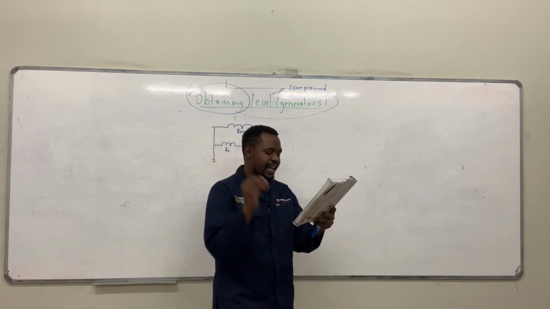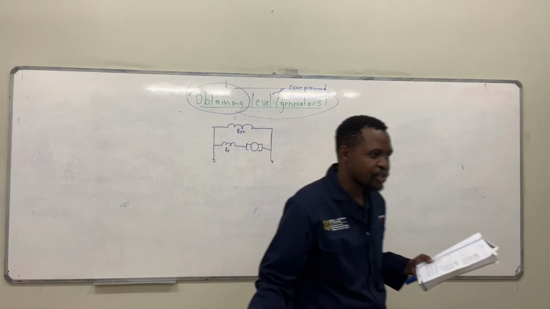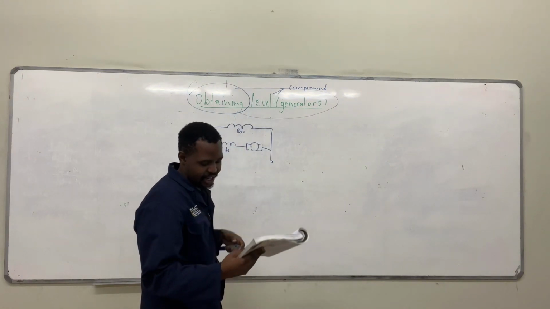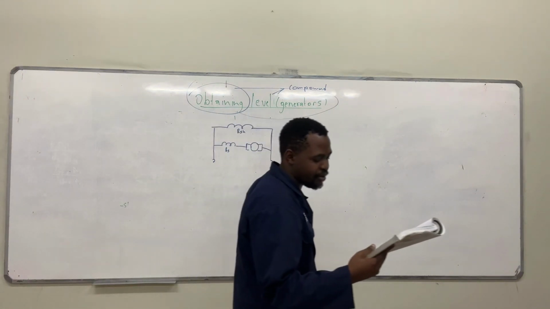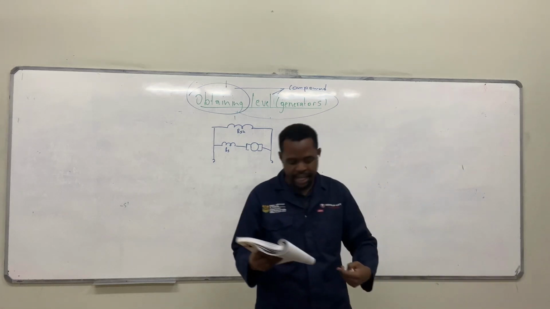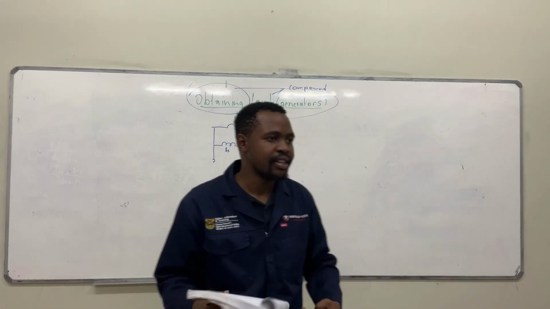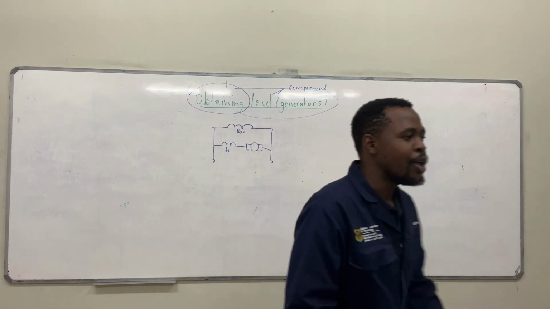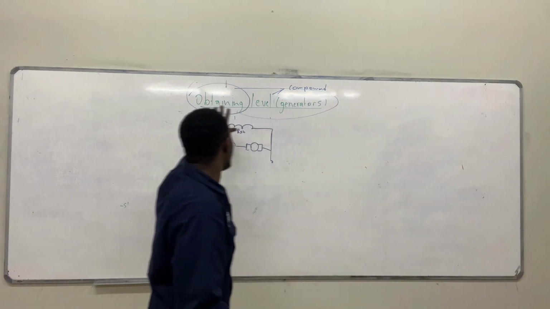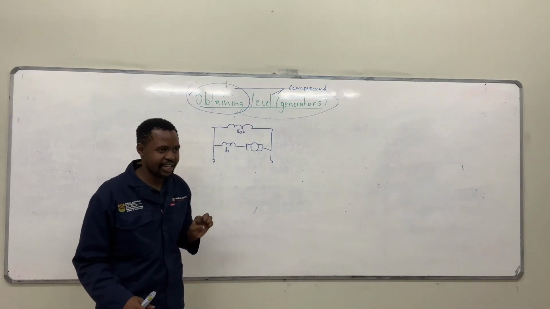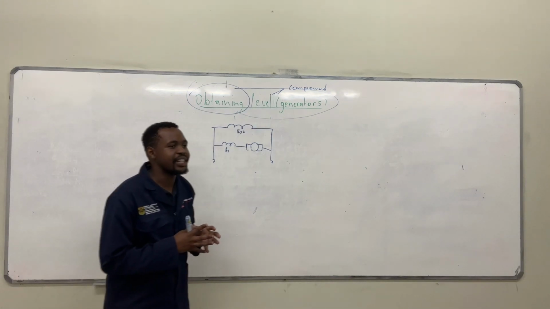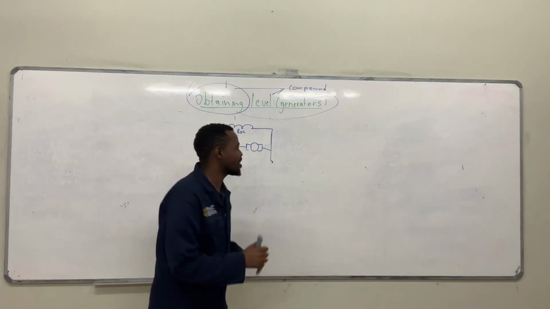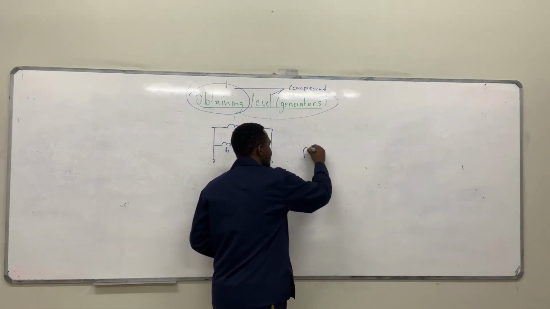Then if neither field is dominant, meaning they are equal in strength, and the full load terminal voltage is nearly the same as the no load terminal voltage. Why would you want level compounded? Level compounded is good for when we want to supply a load that requires a what?